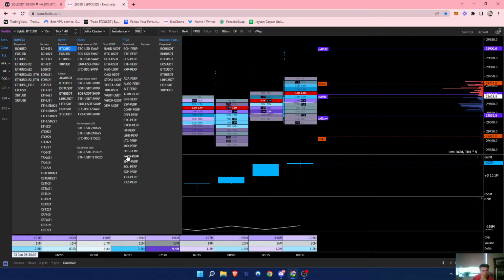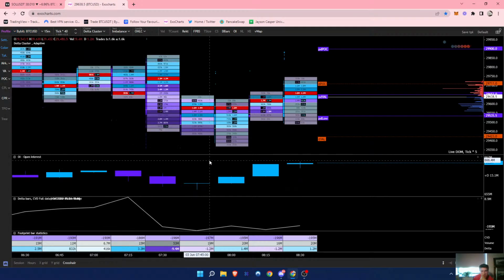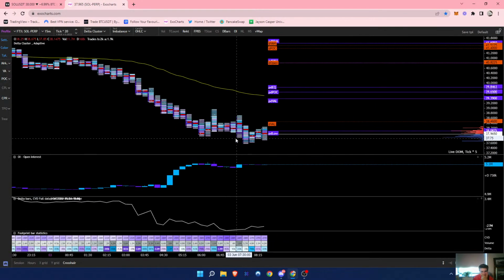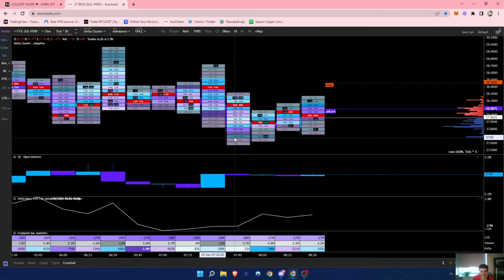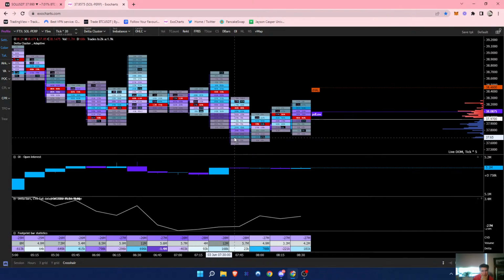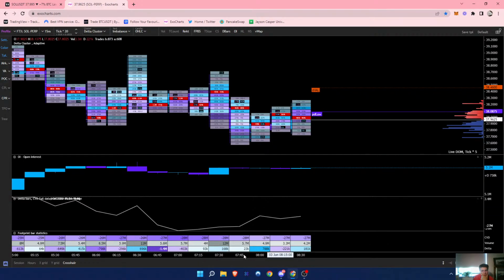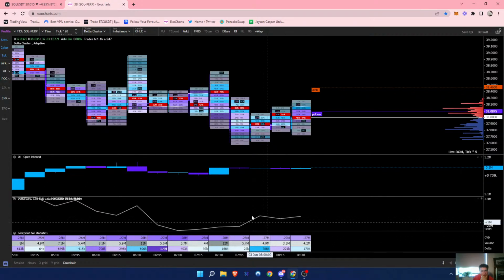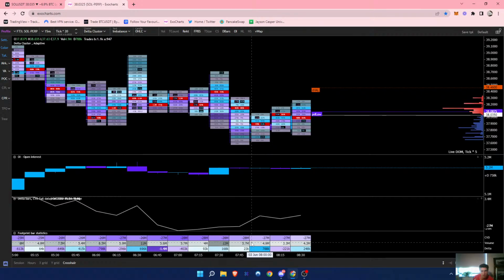Just looking at Solana. Nothing too interesting. Getting more delta coming in overall. Again, you kind of want to see volume kind of stalling, which it's sort of been doing.